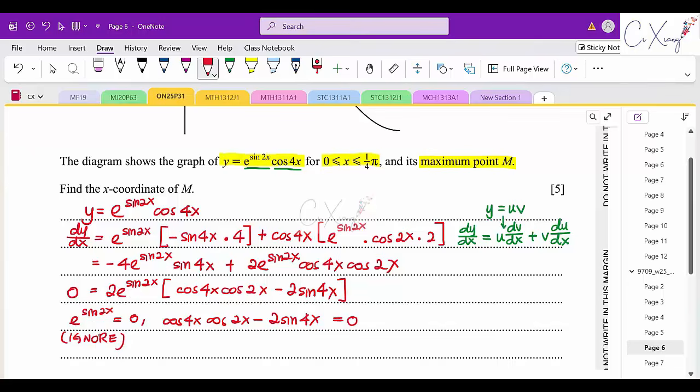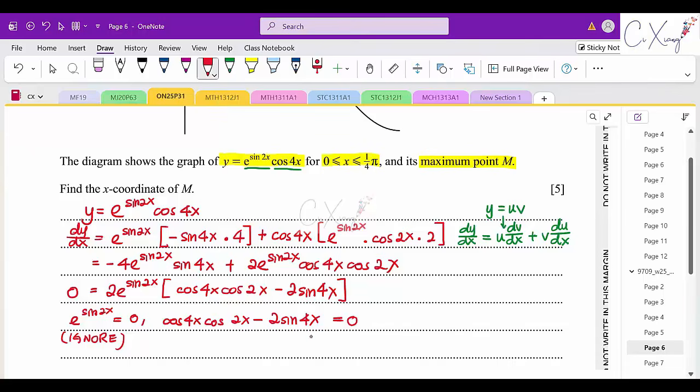So you just ignore it. Okay, let's have a look at this particular equation. It looks so complicated as well. So usually, I will try to figure out whether I can factorize out anything from the trigo part, or maybe reduce it into something that I can factorize.